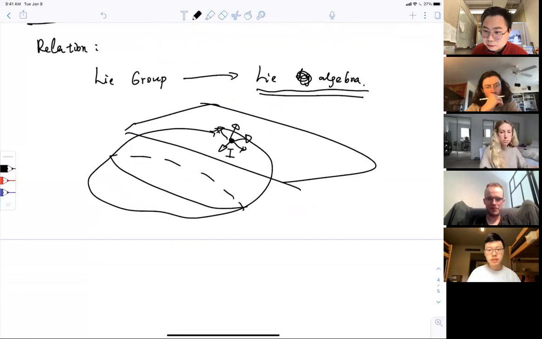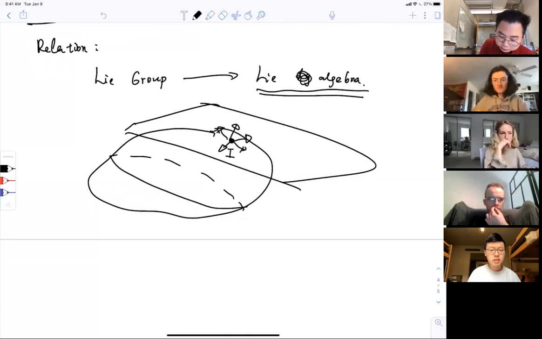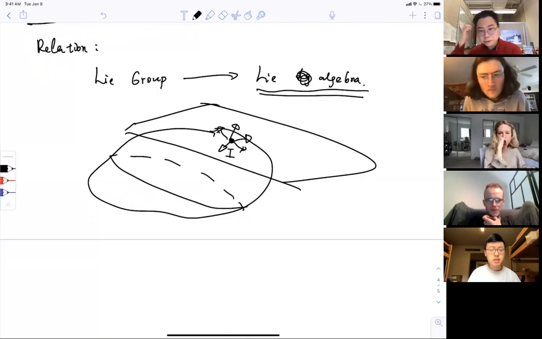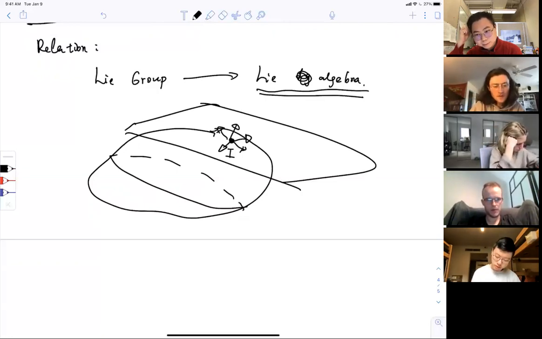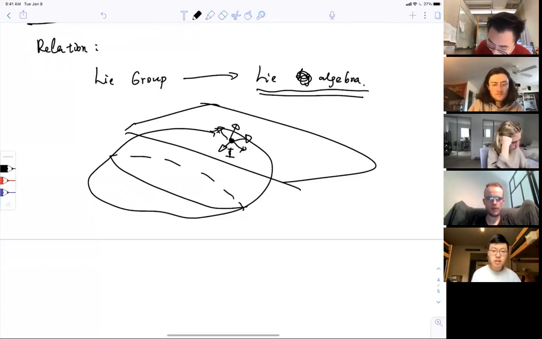Is there anything specific with this I? You said I is the identity element in the Lie group. Is it the E? Yeah, the E. You're right.